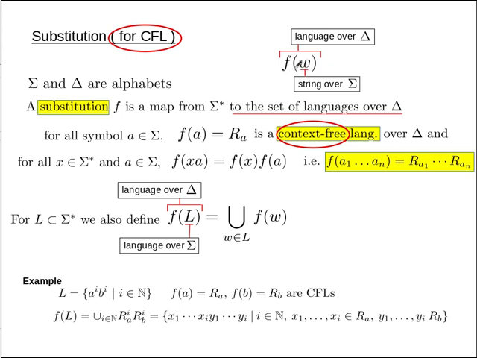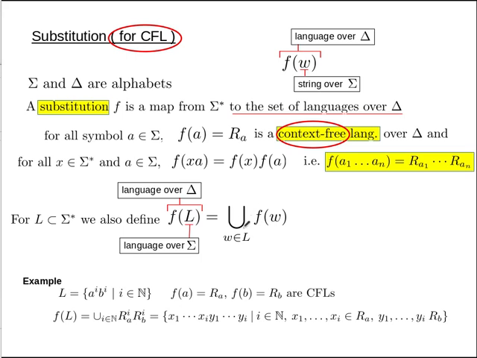and this is how you map a string, and then you extend this map. So instead of a string, if you take a language L over this alphabet sigma, then f of L is the union of all these f of w, because each f of w is a language over the other alphabet.